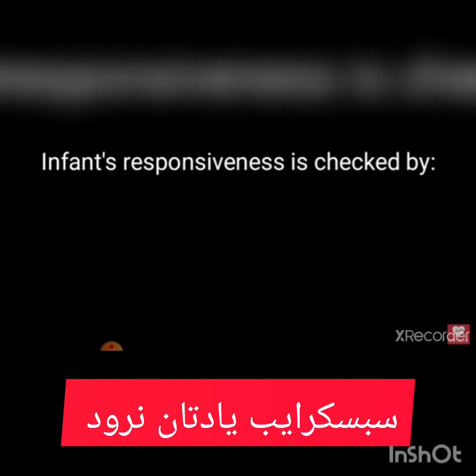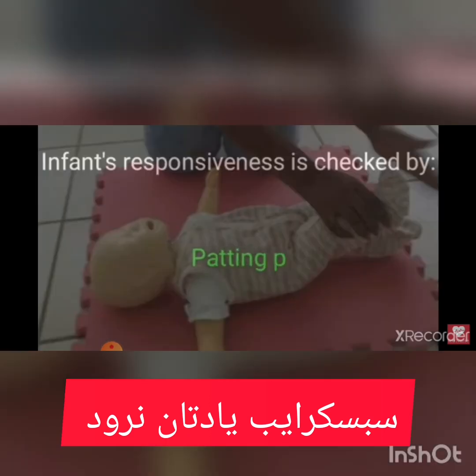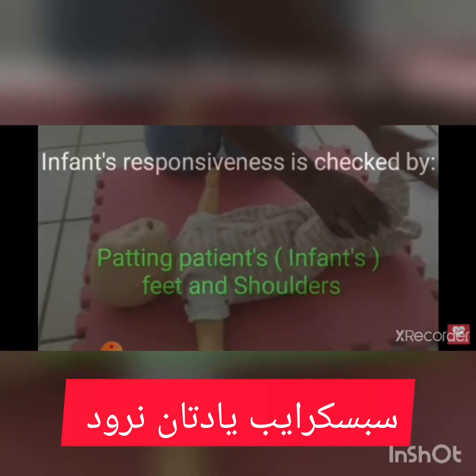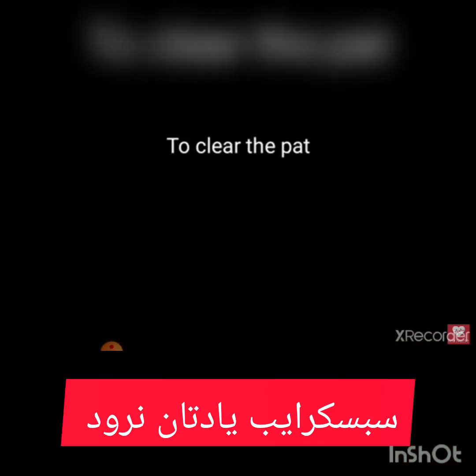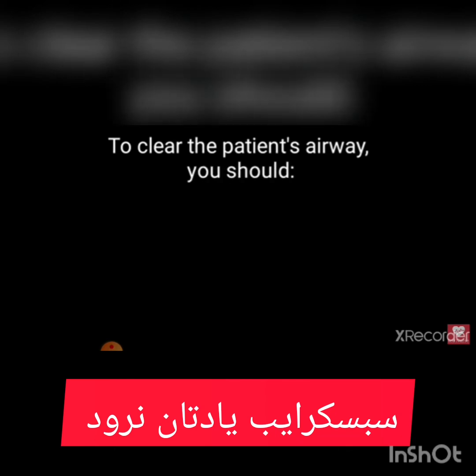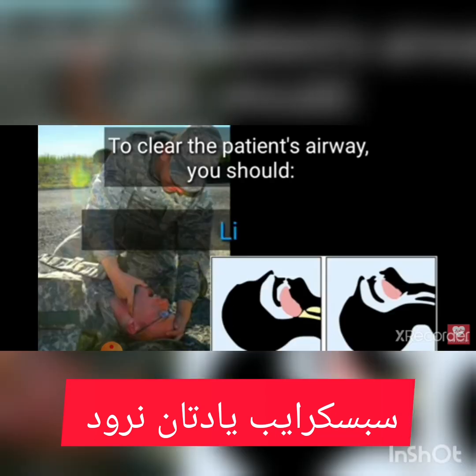Infants' responsiveness is checked by patting patient's feet and shoulders. To clear the patient's airway, you should lift chin up and tilt head back.